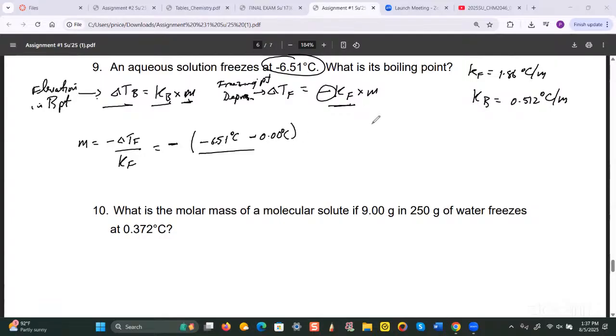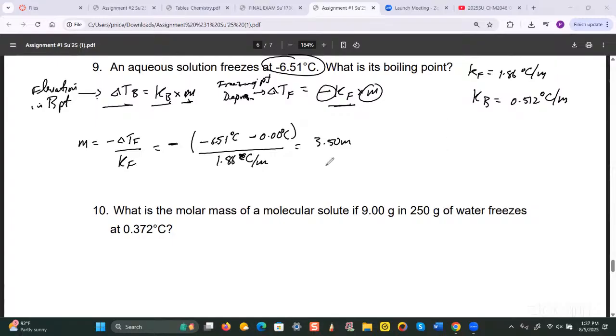All of that divided by KF, which is 1.86 degrees Celsius over M. So let's see what that gives. So the top part is basically 6.51 divided by 1.86. And according to my calculations, this works out to be equal to 3.50 M, right?